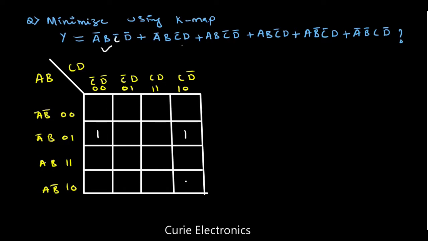No, it's wrong. A bar B, C bar D, second column. So the first two we have completed. Third literal, A B C bar D bar. Next, A B C bar D, same row.